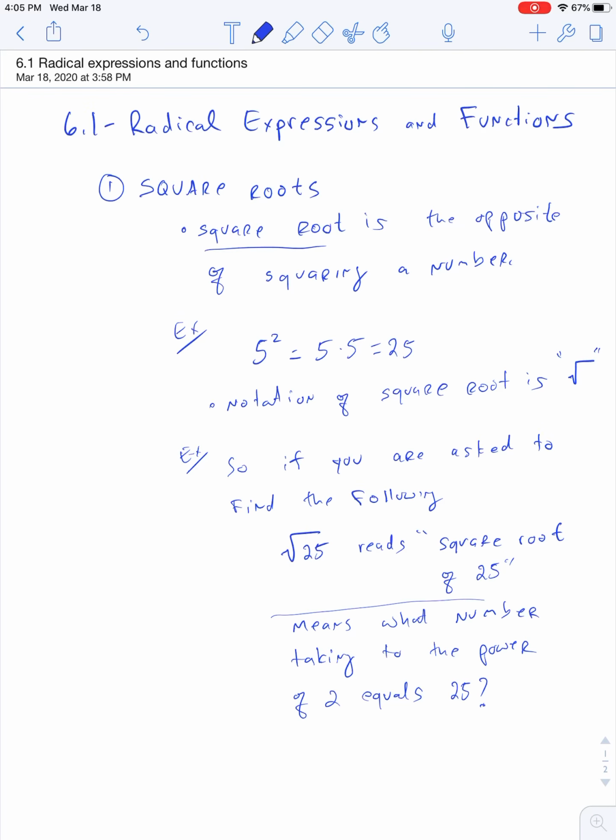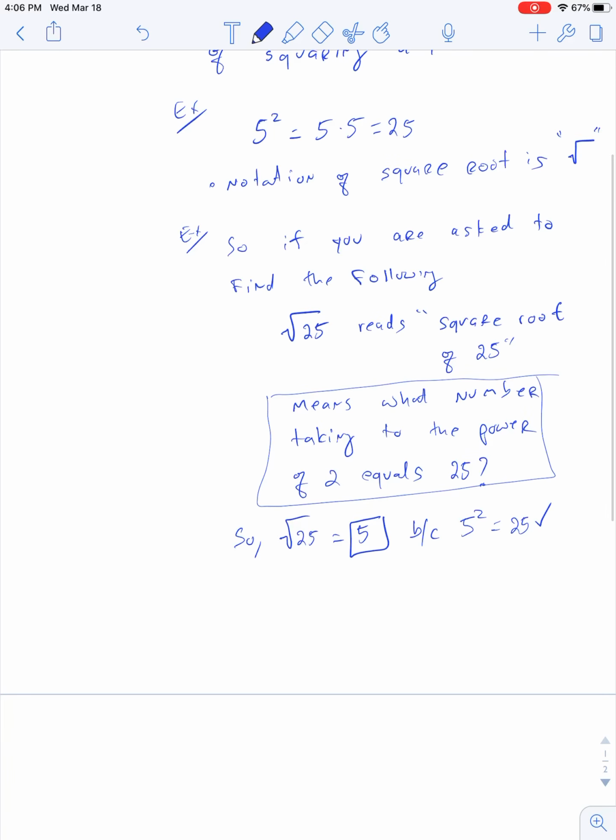All right, so that's what that means. So we can say that the square root of 25 equals 5. Once again, because 5 squared is 25. So it's a nice way to check your work.